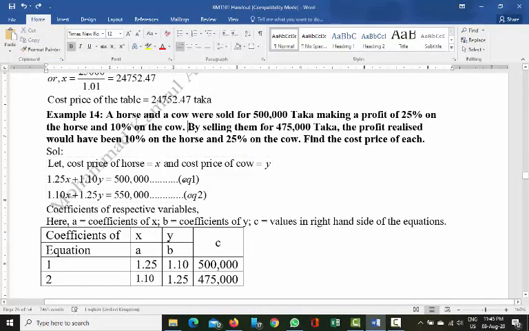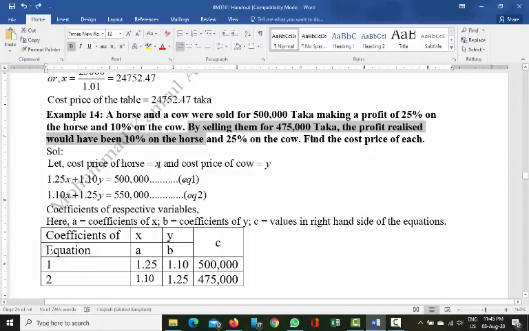Now the second piece of information: by selling them for 475,000 taka, that is the total sales price, the profit realized would have been 10% on the horse. If the cost is 1 taka, the profit is 10 paisa, so 1.10.